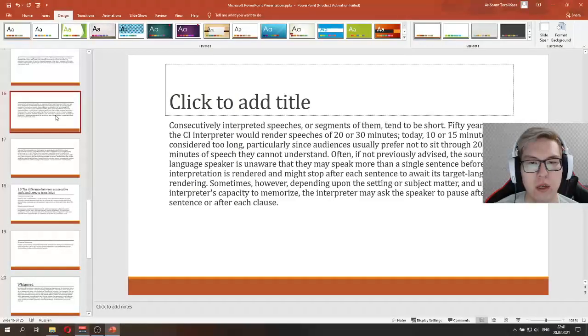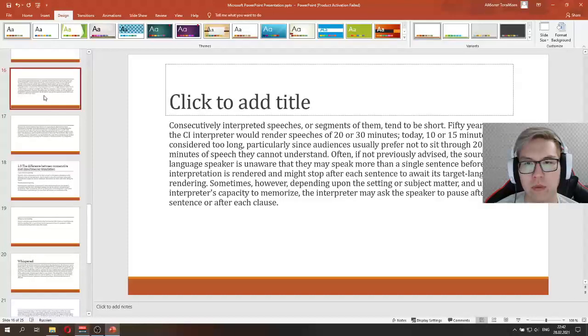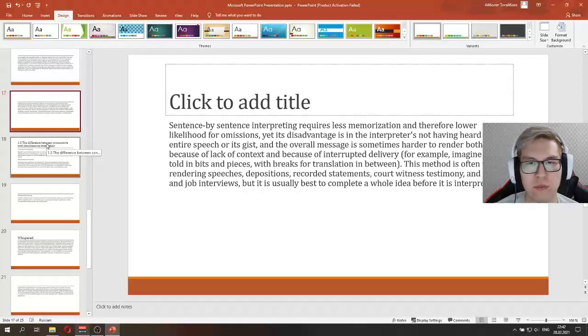Sometimes, however, depending upon the setting or subject matter and upon the interpreter's capacity to memorize, the interpreter may ask the speaker to pause after each sentence or after each clause. Sentence-by-sentence interpreting requires less memorization and therefore a lower likelihood of omissions.